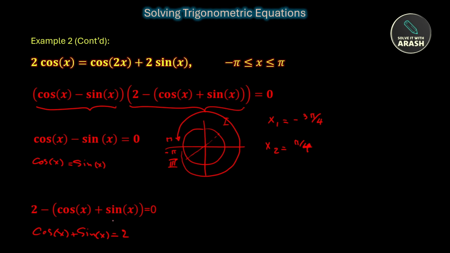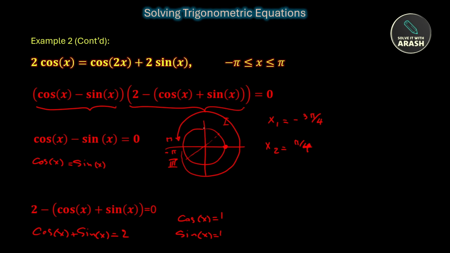So both of them must equal 1. This means cosine of x equals 1 and sine of x equals 1. But as you know, there is no such angle where cosine and sine can both be 1. Because if you think about it, when cosine is 1 on the unit circle, then sine is 0. So they can't be 1 at the same time.